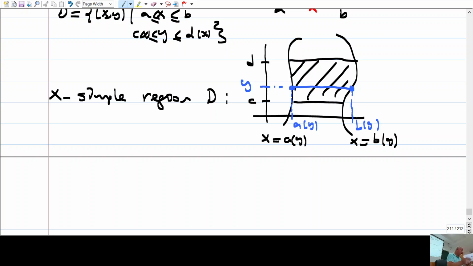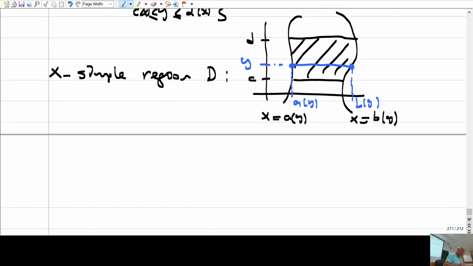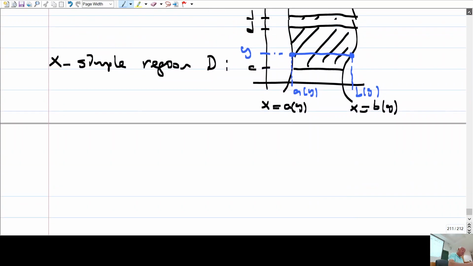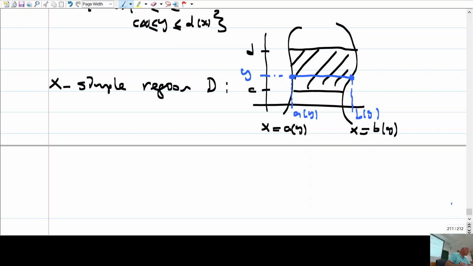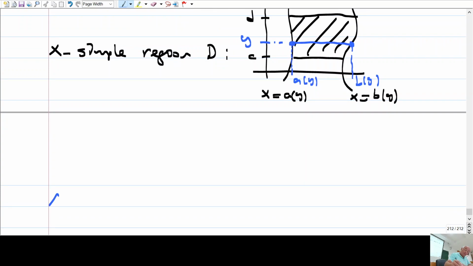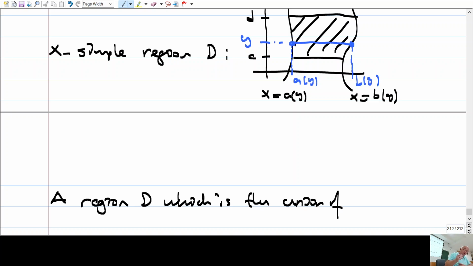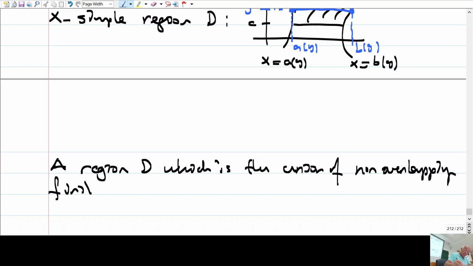And here is actually a region D, which is the union of non-overlapping, finitely many simple regions.